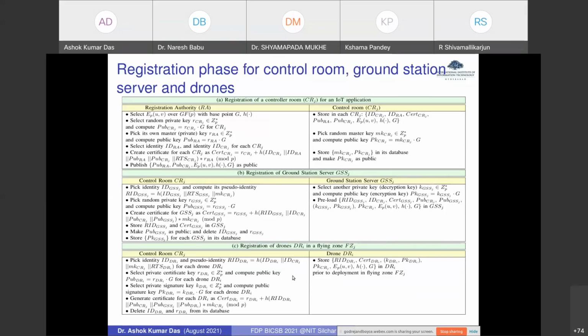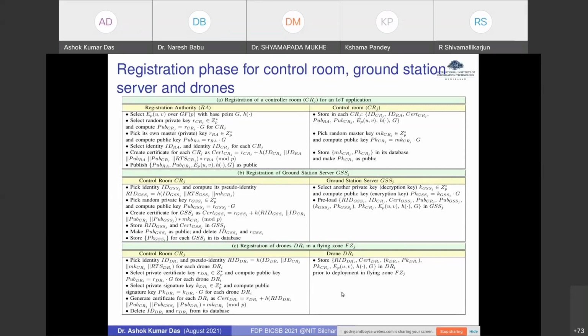Finally, the registration of drones also takes place by the control room. Note that here we have used the certificate-based mechanism, where the certificate is created by a trusted party using its own private key, so that the certificate cannot be generated even by the entity that possesses the certificate, because it requires the private key of the party who generated the certificate.